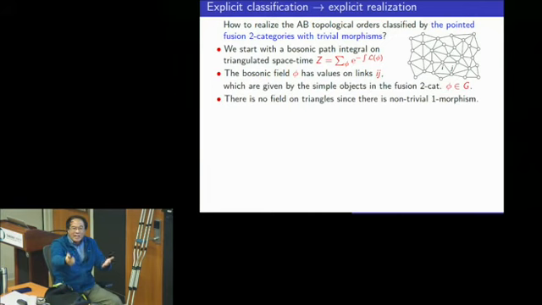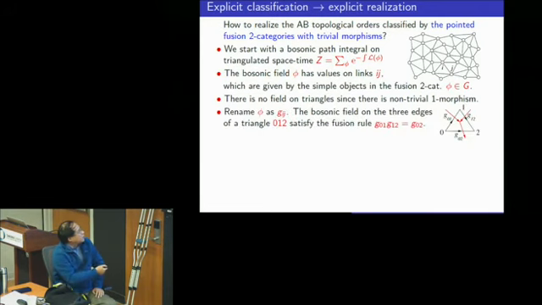That looks like a gauge theory. And there is no field on the triangles. We only have a field on the link, but nothing on the triangle. This corresponds to there being no non-trivial 1-morphism. If there were a non-trivial morphism, we would also have a field on the triangle, as we'll see later.